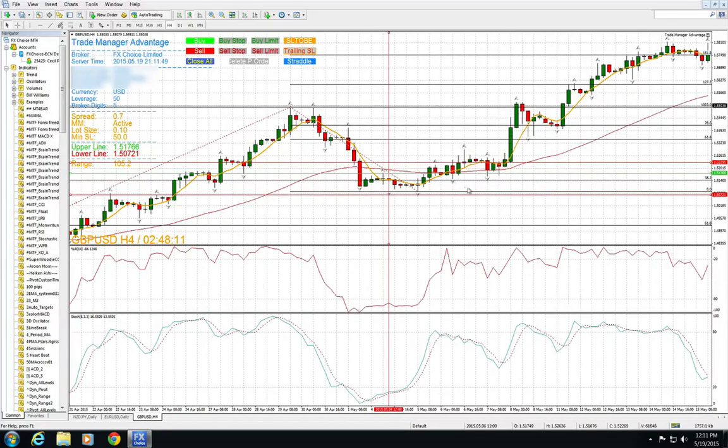At the same time, we had what is called an intermediate term low form. So we had a low form, the lowest of the lows right here in this area. We had a higher low right here, and that higher low had a break above the left side and the right side, both on the left and the right, above the high of that particular candle. That forms what we call a short-term low.